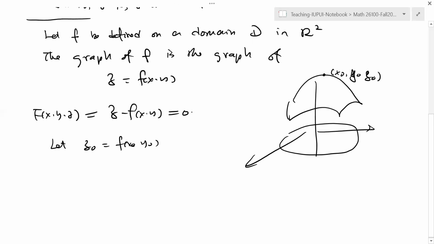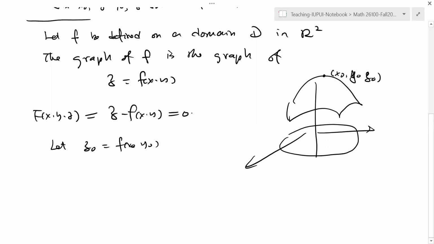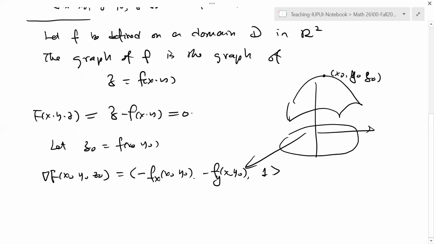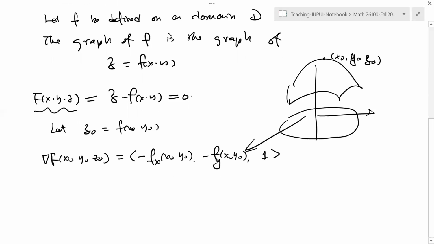So the gradient of capital F is going to be the partial derivative of capital F with respect to x, which is negative fx, negative fy, and then 1. You differentiate this one with respect to x, y, z.